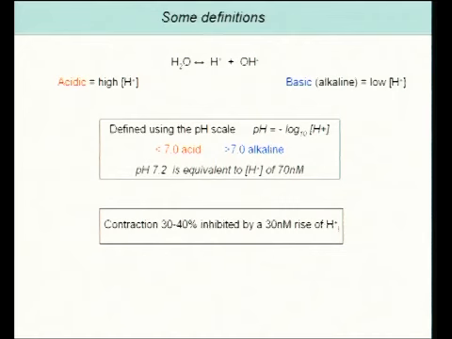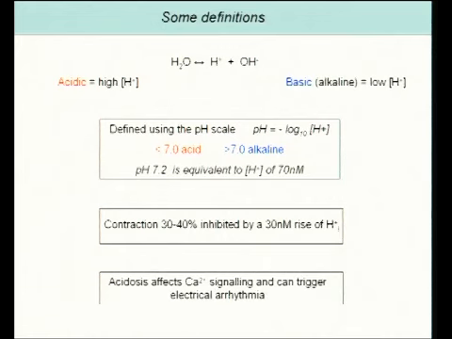And to give you an idea of the sensitivity, why you've got to control the proton level, you get a 30 to 40% inhibition of contraction if there is a rise in the proton concentration by just 30 nanomolar, if this is uncompensated.